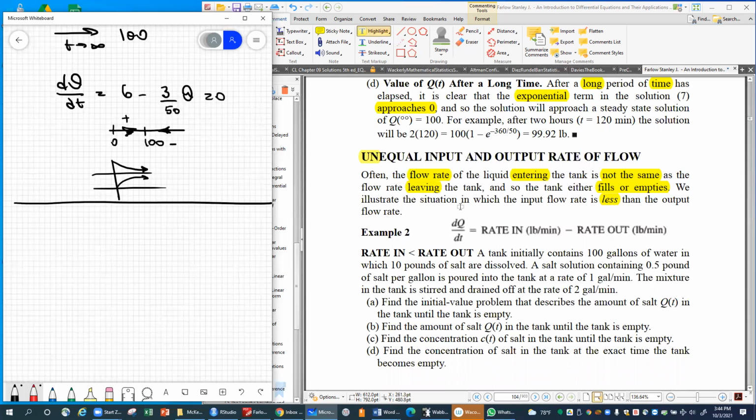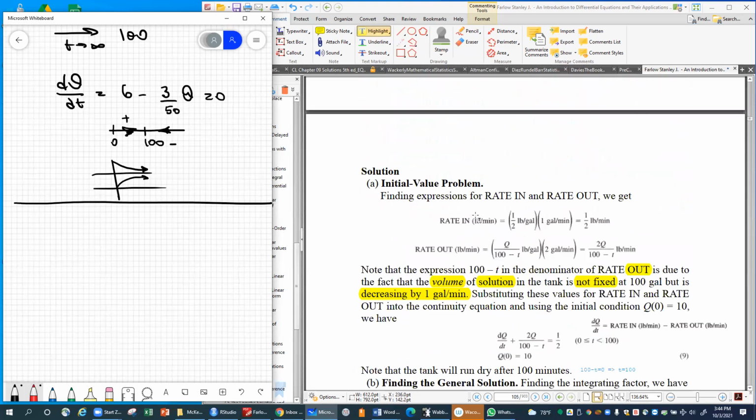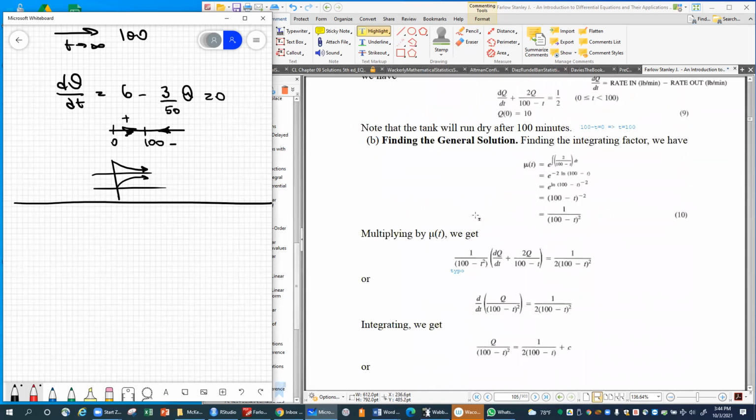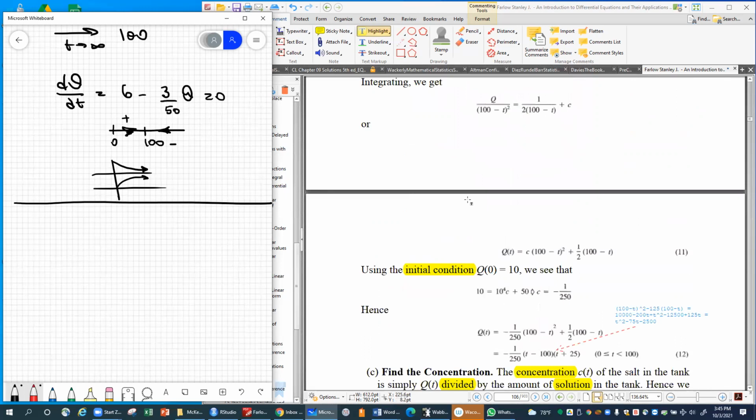So let's look at the case where the flow rate in is less than the rate out. So it's going to empty over time.